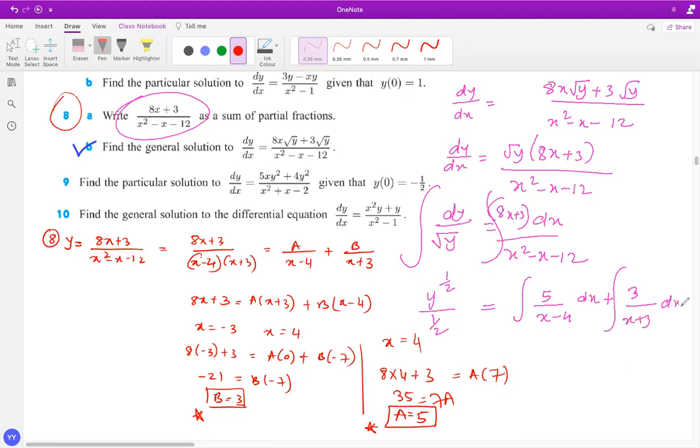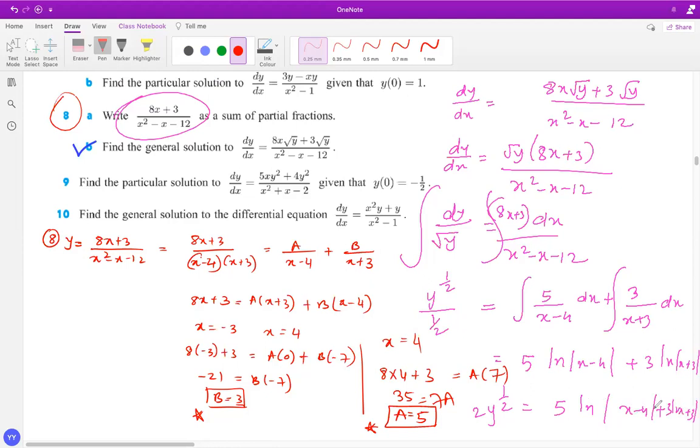I'm just rewriting the expression, and the integration gives 5 ln absolute value of x minus 4 plus 3 ln absolute value of x plus 3. When you simplify, it is 2y to the power half equals 5 ln of x minus 4 plus 3 ln of x plus 3.